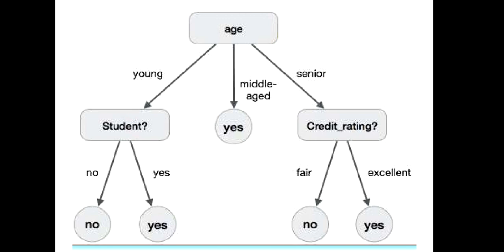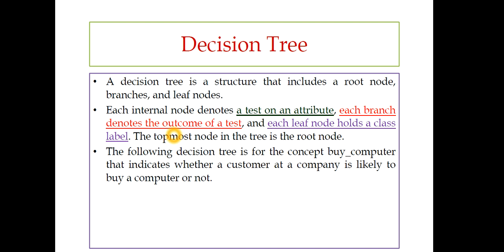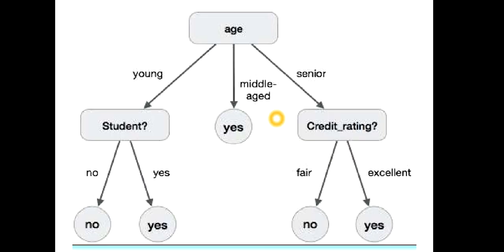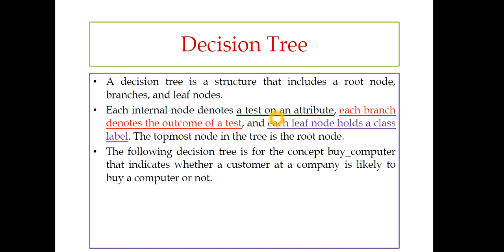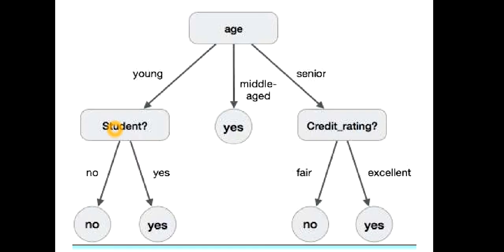Then if it is young, then whether student or not. The internal node, I just explained to you that an internal node denotes a test and the branch denotes the outcome of a test. So you see, this is the internal node. It's a test whether he or she is a student or not.